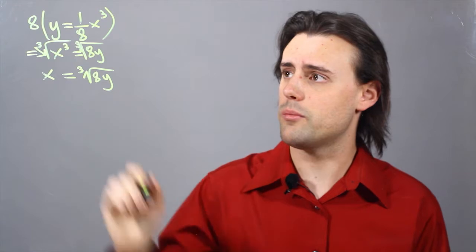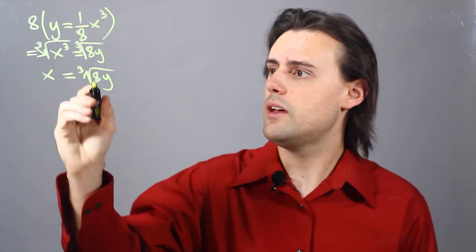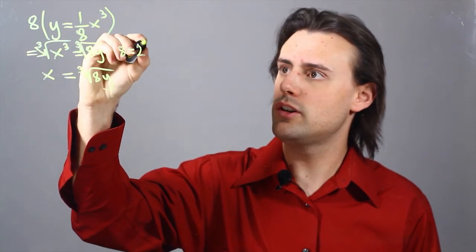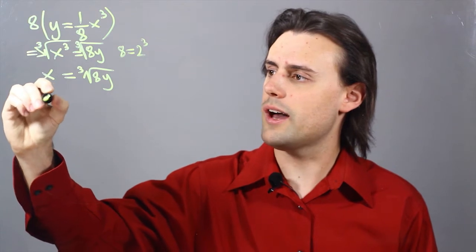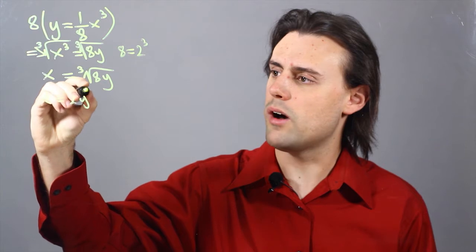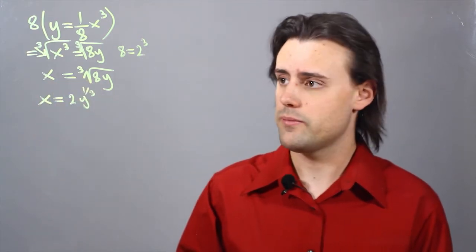We don't need a plus or a minus because this is an odd numbered power. And since 8 is actually equal to 2 cubed, the 2 comes out of the cube root.